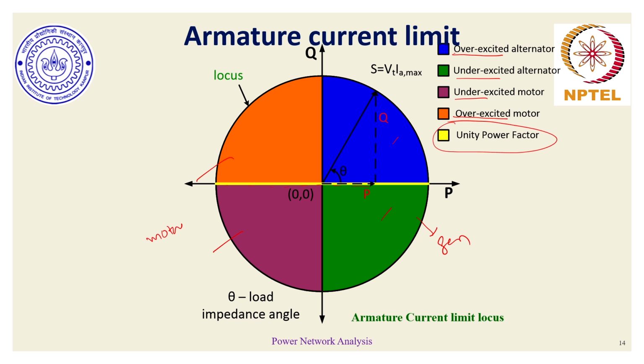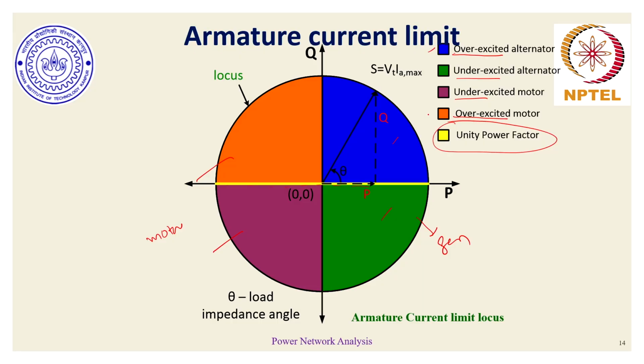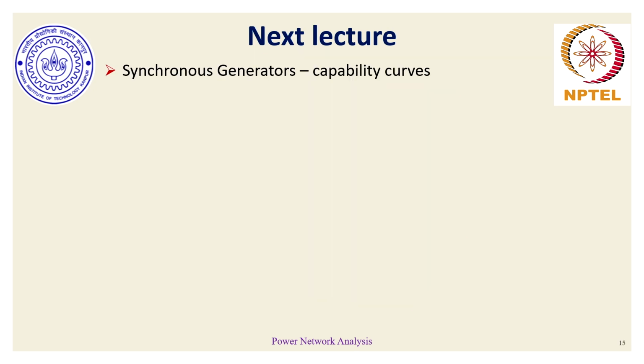From the overexcitation perspective, the synchronous generator or synchronous machine is likely to deliver reactive power. So Q would remain positive, and that's the reason why in the blue region and the orange region Q is positive, so the machine is overexcited. It is delivering reactive power to an inductive load, whereas for the lower half, which is the purple and the green one, Q is negative, so the machine is underexcited.